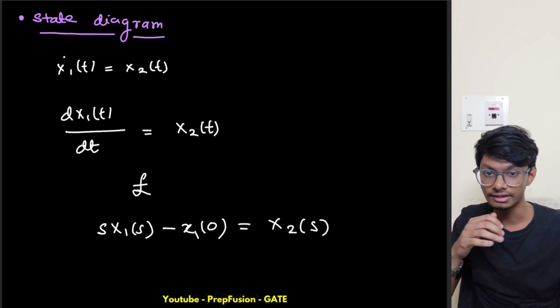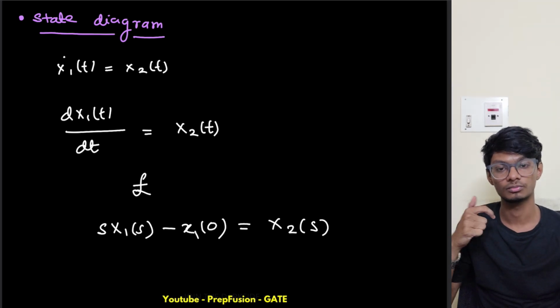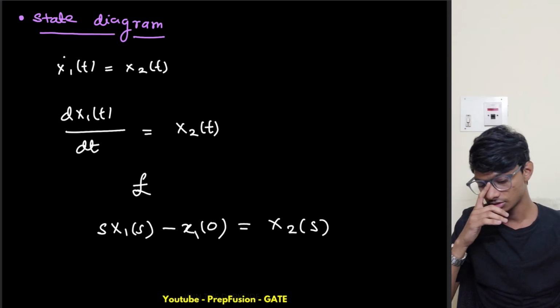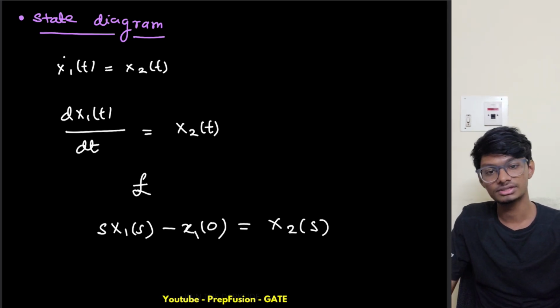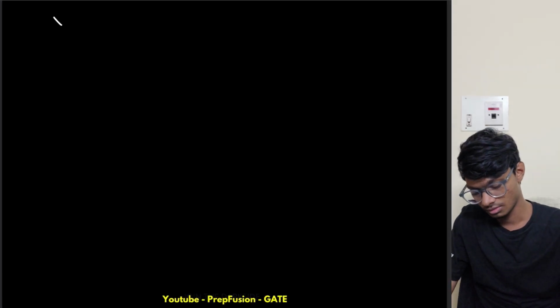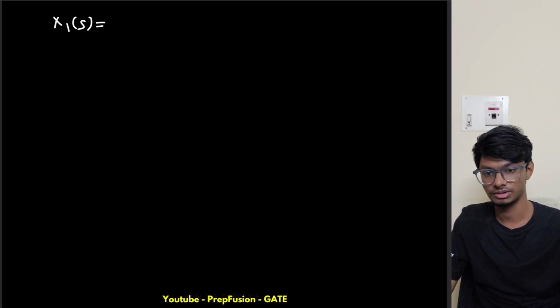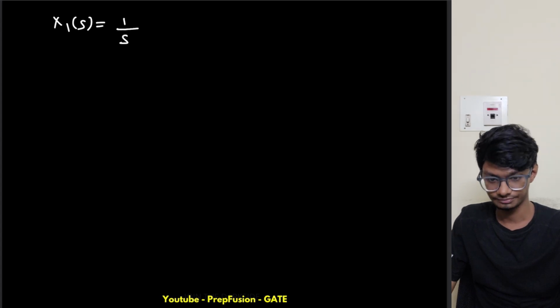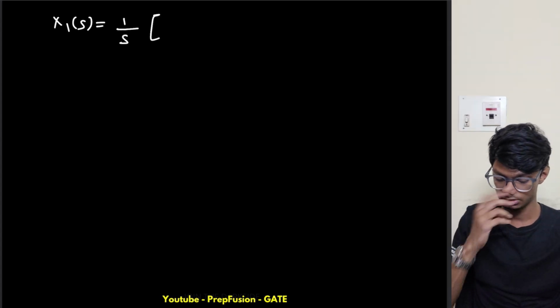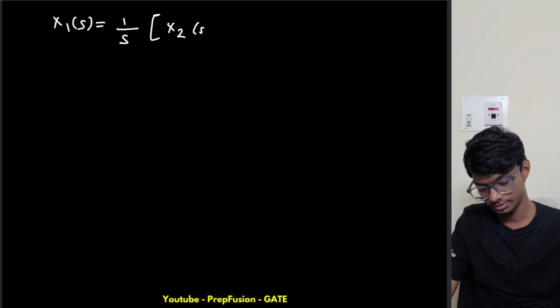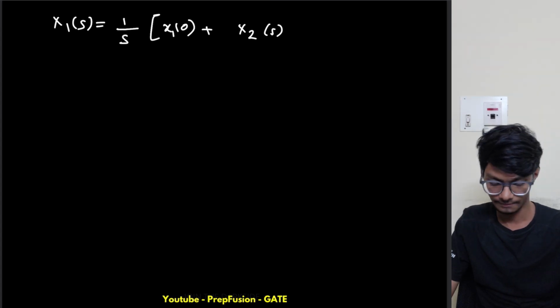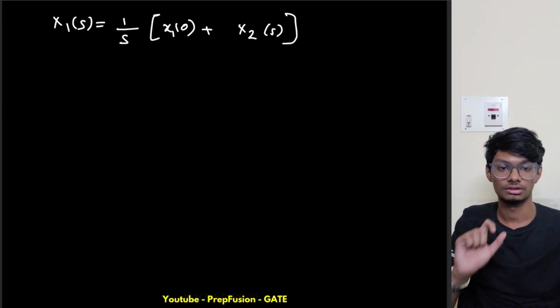Okay, so here, as the state equation takes into account the initial values as well, we will consider the initial values. There we ignore the initial values. So what does my X1(s) become? X1(s) simply becomes 1 over s times X2(s) plus x1(0)/s.